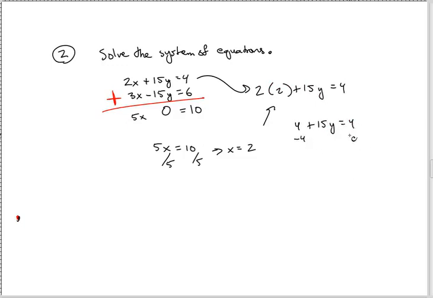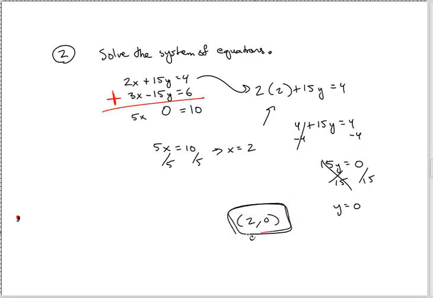Subtract the 4 on both sides. We actually get a 0. Divide by 15 on both sides. y equals 0. It is okay to get 0. It's just another number. That sort of thing happens. And so our answer would be (2, 0). That's it. You're done.